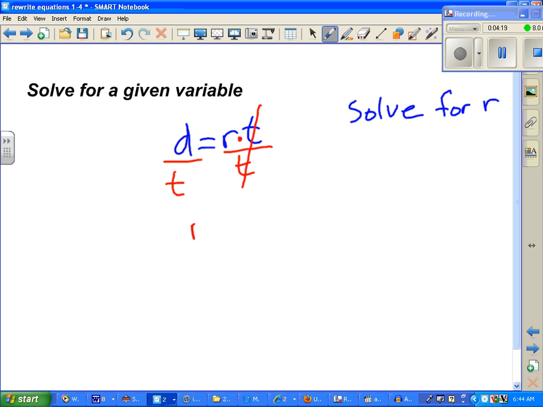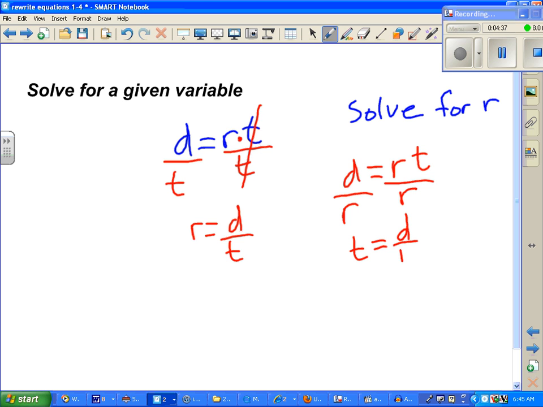So I end up with r equals distance divided by time. I just solved for r. Now I could do the same thing. We could be real simple. I could do the same thing and solve for t by just dividing both sides by r. So now time equals distance divided by the rate. Okay? Not a big deal.